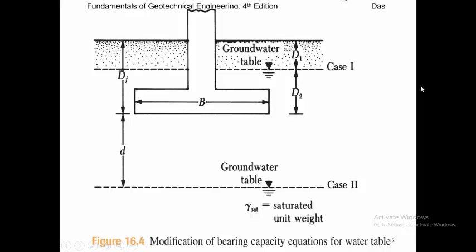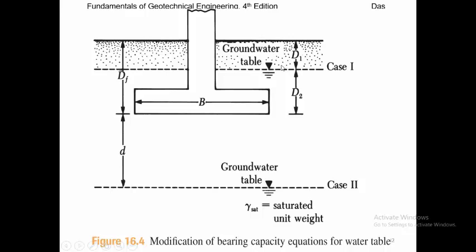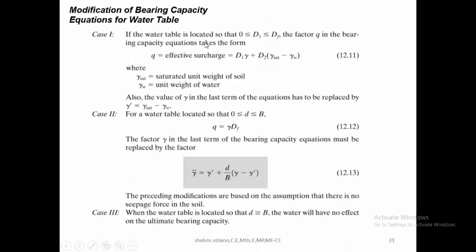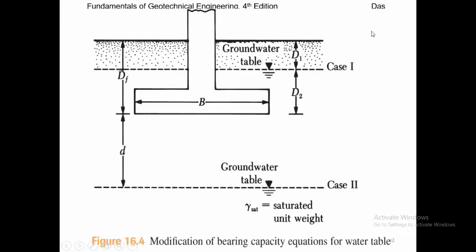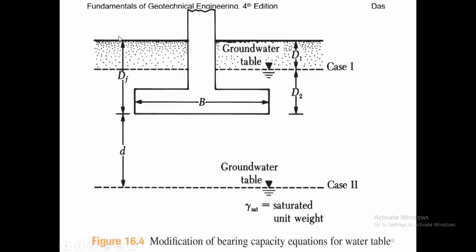Imagine this one. So for case 1, if the water table is located so that D1 is more than 0, somewhere here, but less than DF. So if D1 is between this point and this point, it is called case 1.